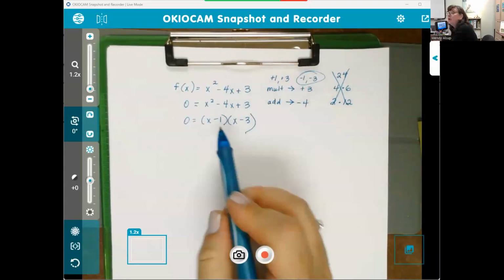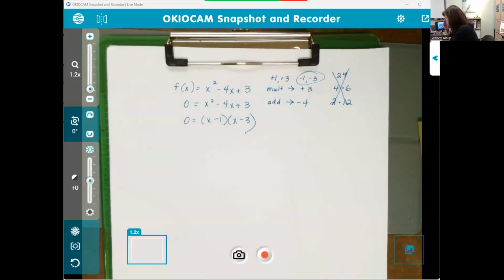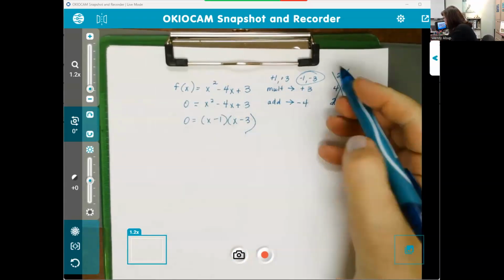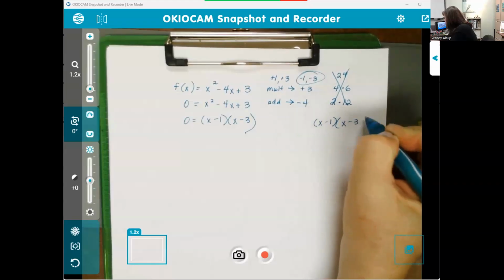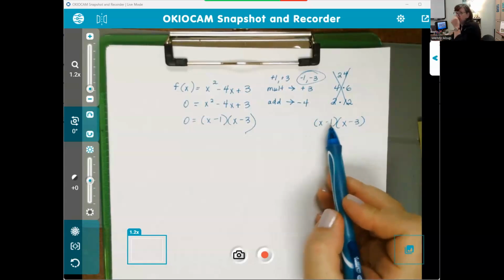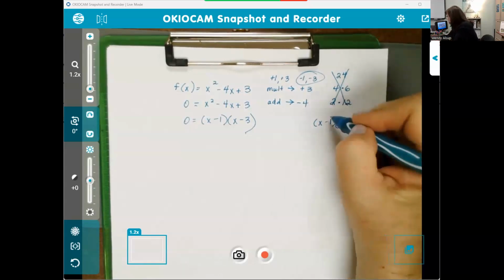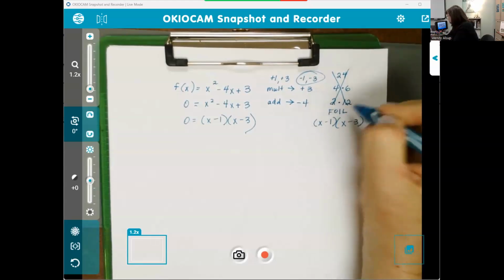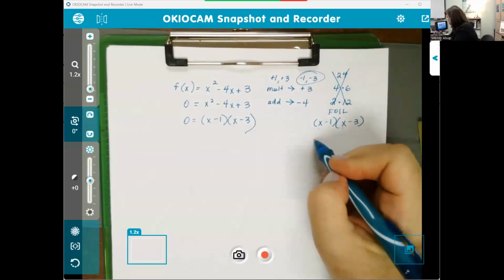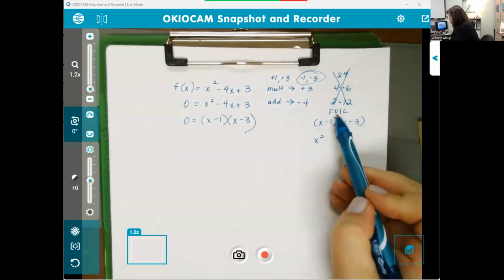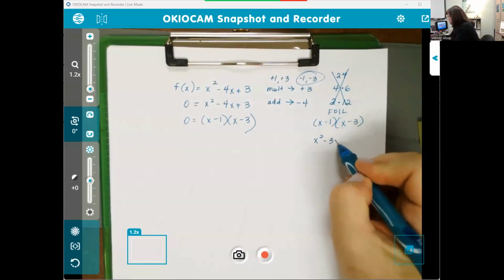For a quick review, what we have done is unFOILed. What is FOIL? FOIL is when you multiply binomials. A binomial is a parentheses with 2 terms in it, an expression with 2 terms. If I FOIL it, do you remember old FOIL, where you multiply your first terms? So x times x is x squared. You multiply your outer terms, x times negative 3 is negative 3x.